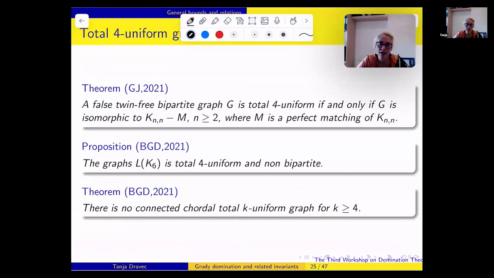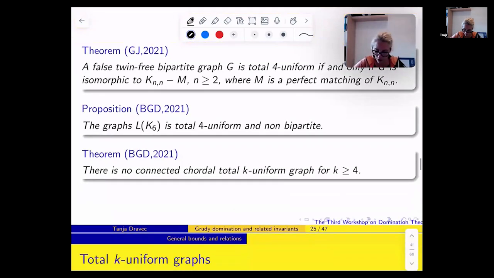But Bahadır, Gözüpek, and Doğan proved that this is not the case: the line graph of K6 is total 4-uniform, and of course this graph is not bipartite. So there also exist non-bipartite total 4-uniform graphs. They also prove that there is no connected chordal total K-uniform graph.